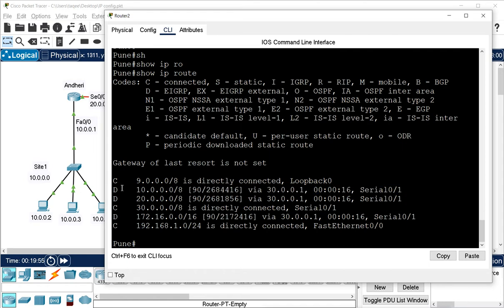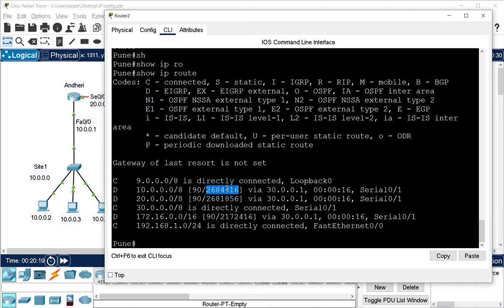And what it shows here is D. If you see the codes here, D means EIGRP, and C is for the connected networks. And we can see this is the AD value of EIGRP, 90, and this is the calculated metric. Now the metric for EIGRP is not a single metric.